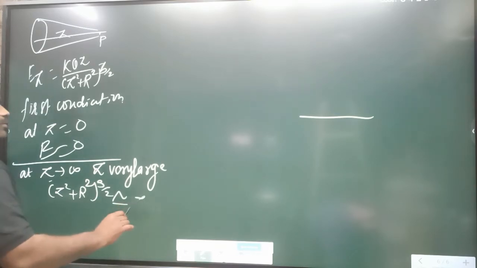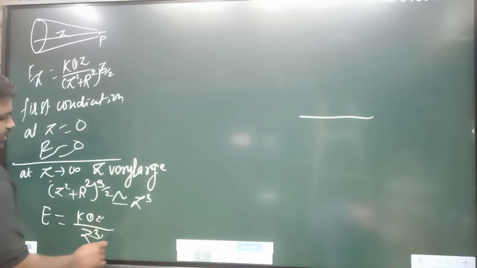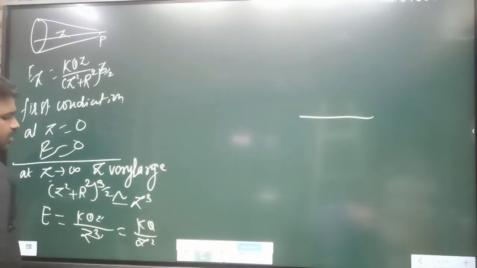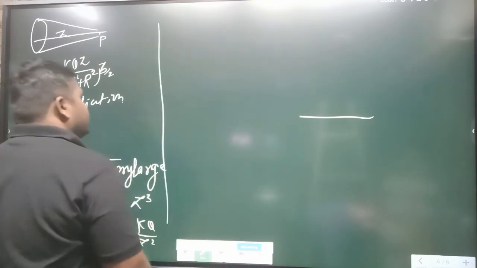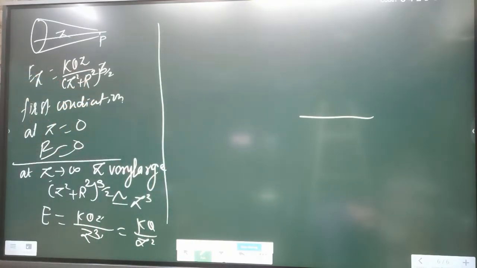Means electric field E is equal to KQz upon z cube. Yes or no? The z gets cancelled, so this is KQ upon z square. This is the electric field of a point charge.